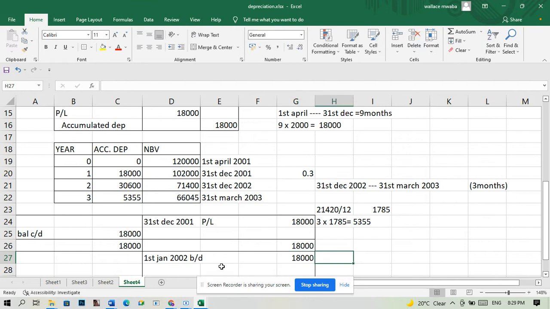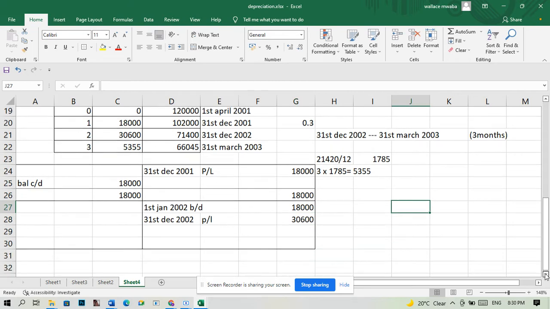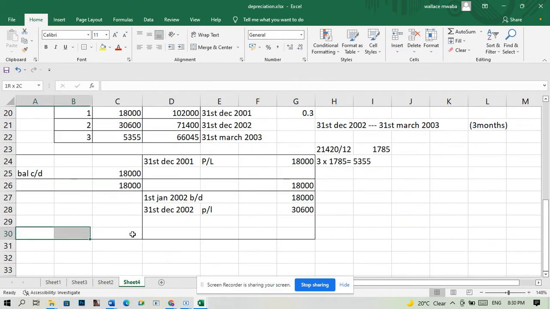Okay, then remember again, on the 31st of December 2002, we're going to credit the accumulated depreciation account. We're going to credit it 30,600. Okay, we're going to total up.